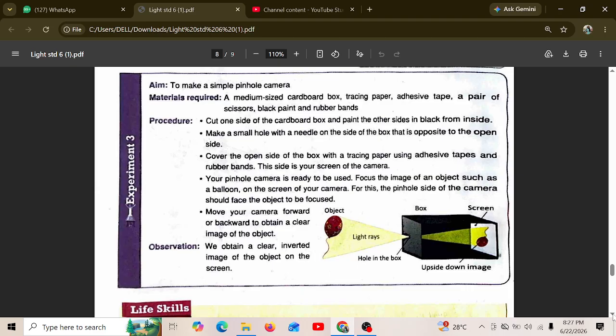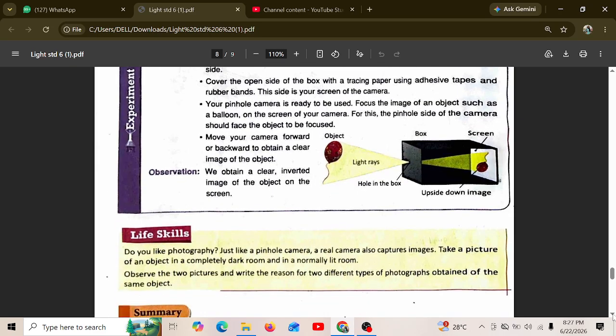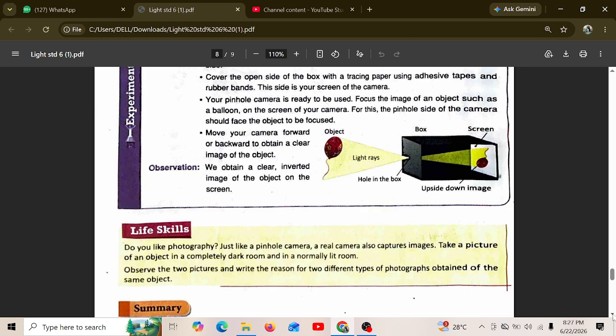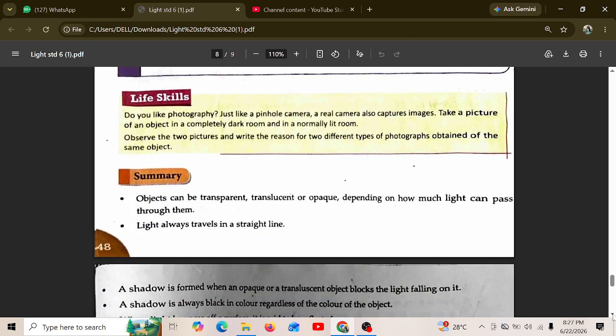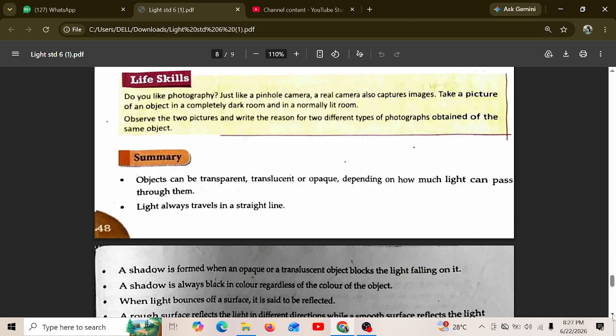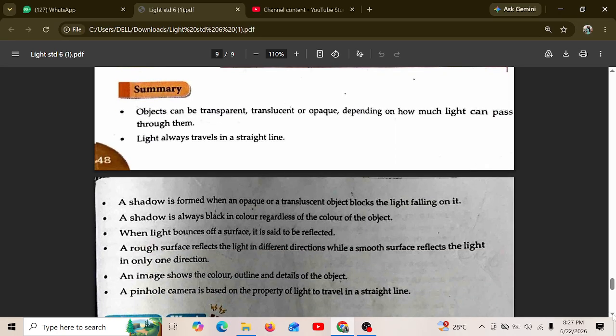So this was all about the chapter light, reflection and shadow. This is a summary of what we have studied in this chapter. Objects can be transparent, translucent or opaque. Light travels in a straight line. A shadow is formed when an opaque or translucent object blocks the light falling on it.